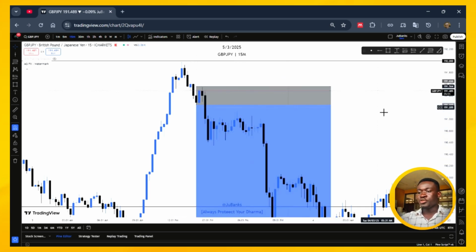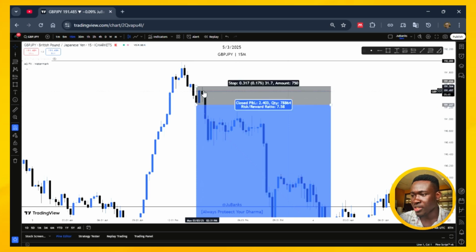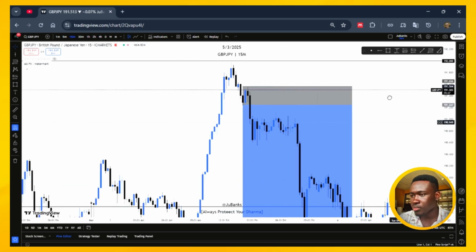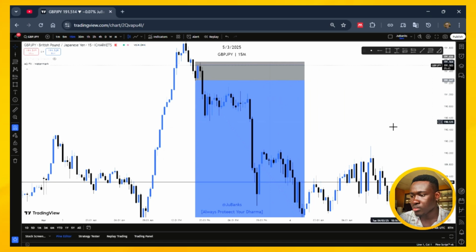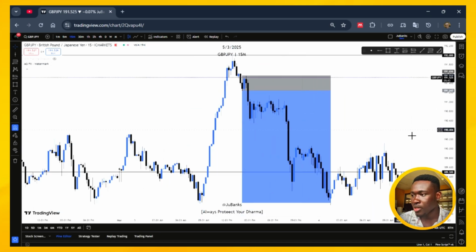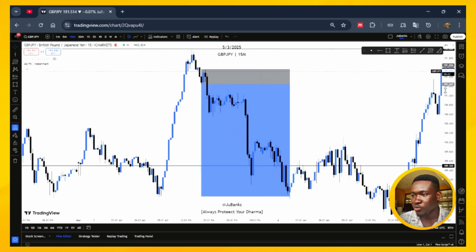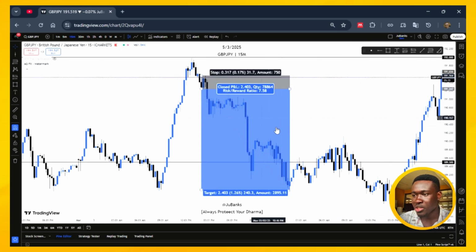I placed the trade with just 0.01 lots and waited 2 days to take my profit. From here to here, that's basically a 1:7 risk-reward. I made $500 on this trade.